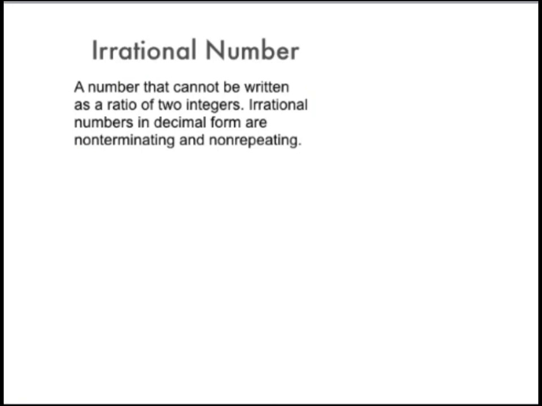Irrational numbers are numbers that cannot be written as a ratio of two integers. So you cannot write it in terms of a over b. And the best example is pi, because it's 3.14 and it keeps on going.